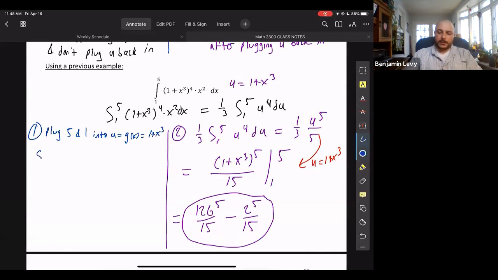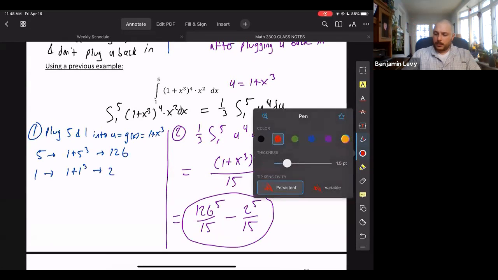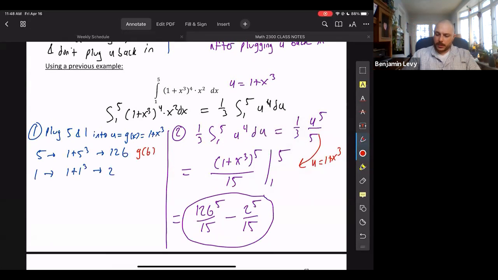So 5 would change into 1 plus 5 cubed, which is 126. So that's the g of b part, right? And then the a changes into 1 plus 1 cubed, which is 2. This is the g of a.